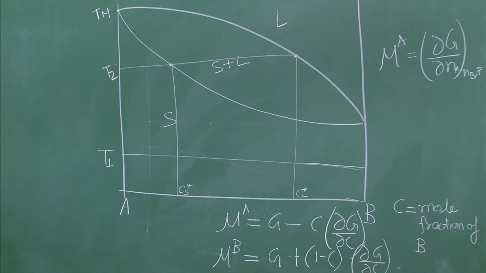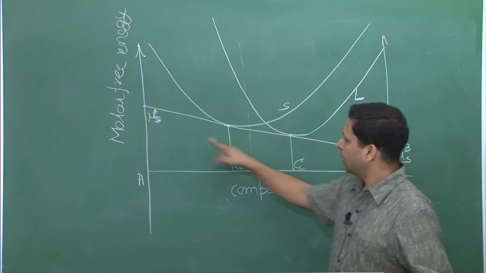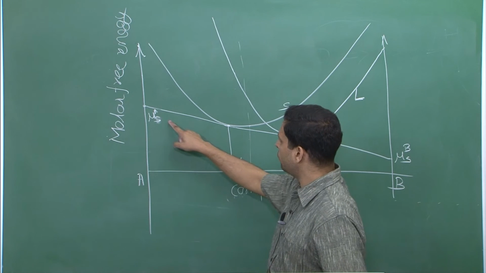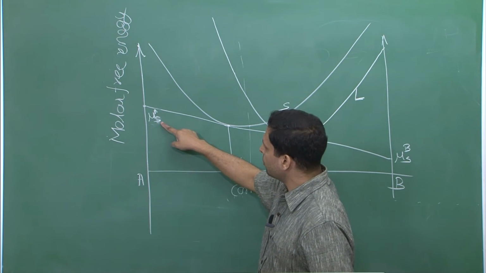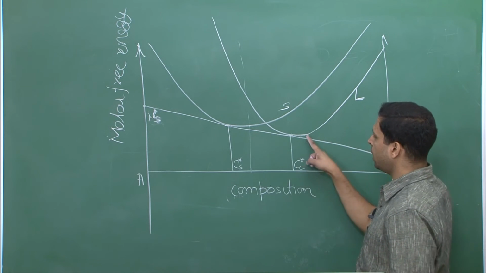So just to summarize what I said, it also says that the chemical potential of component A in solid and liquid are the same. So for example, when we draw a common tangent, it says that the chemical potential of A in solid is the same as the chemical potential of A in liquid.